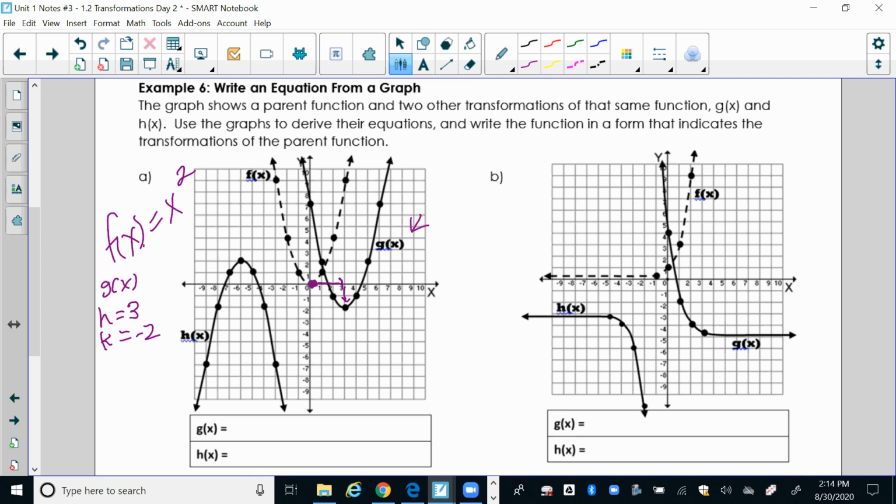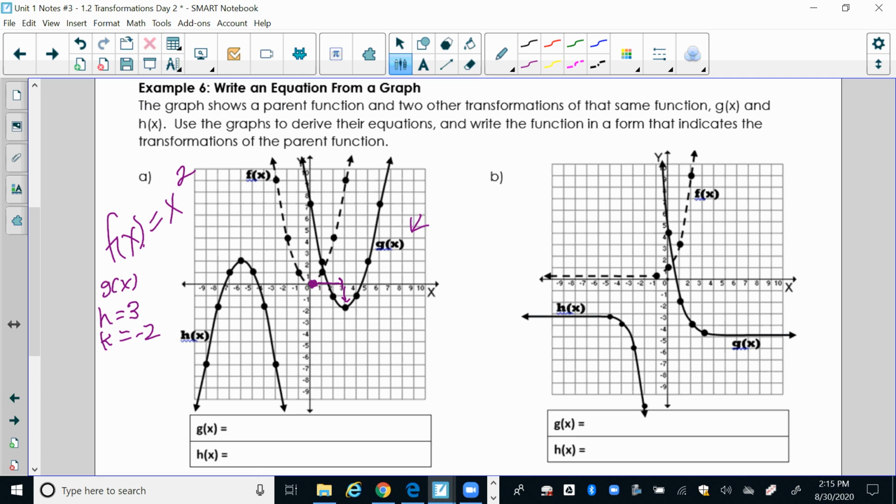There does not appear to be any reflections, so we don't have to worry about a -a or a -b value. And taking a look at the coordinates, we still have the same change from point to point. For example, if you're counting from the vertex, we're still going up 1, right, left 1, up 3, right, left 3. So there's no change in our rise or change in our run from point to point. So there are no vertical or horizontal stretches or compressions. So our only transformations here are a vertical and horizontal translation.